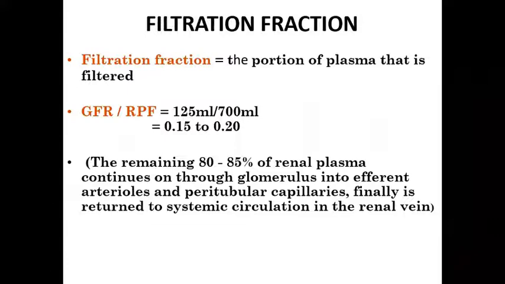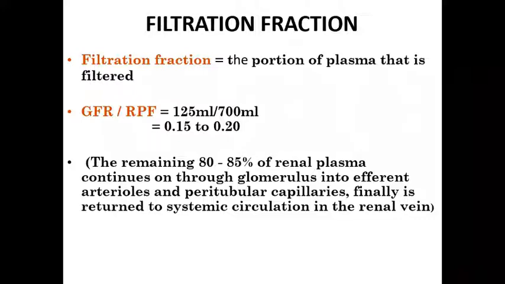Only 15 to 20%. The remaining 80 to 85% of renal plasma continues through the glomeruli into the efferent arterioles and the peritubular capillaries, and finally returns to the systemic circulation in the renal vein. So out of the 100% of renal plasma flow, only 15 to 20% is being filtered. That 15 to 20% is called the filtration fraction.